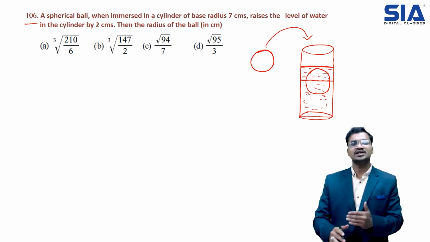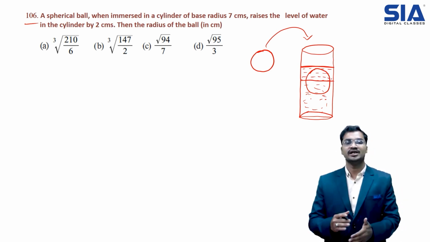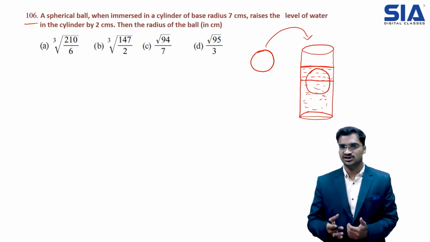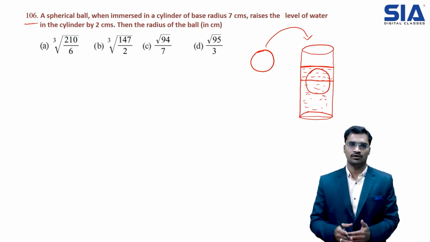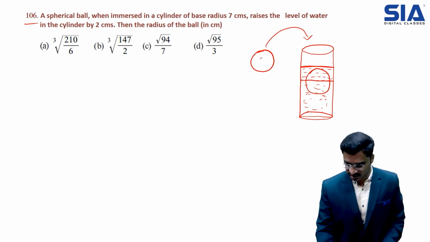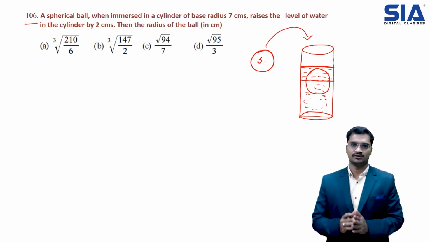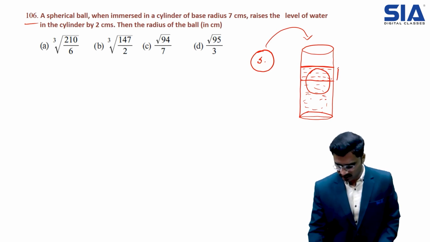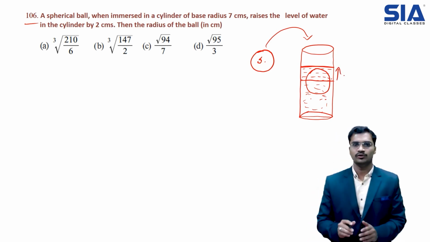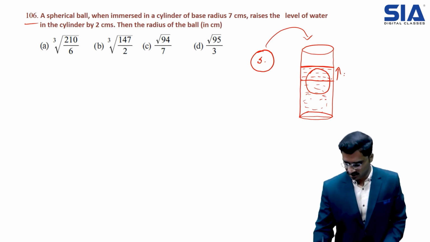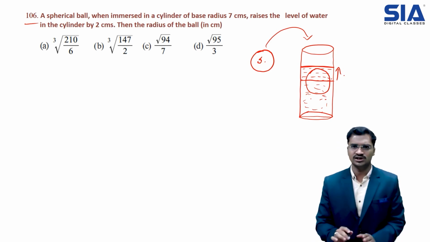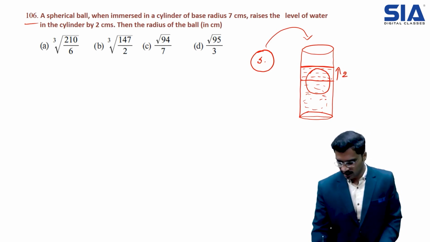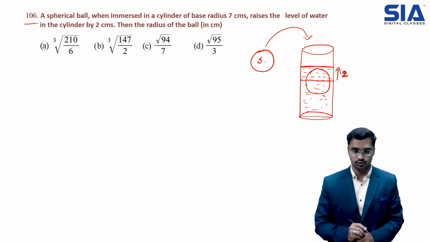So this increase of volume is happening because of the insertion of this sphere. Now we have to find the volume of the sphere. This is nothing but this. In this question he said that the height of increase in water level is 2 centimeters.